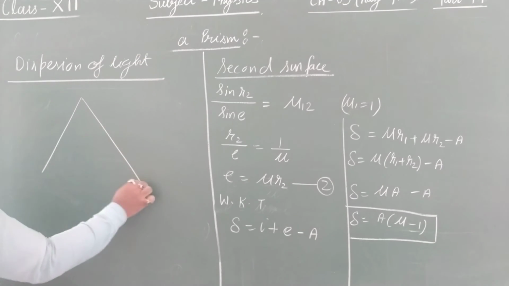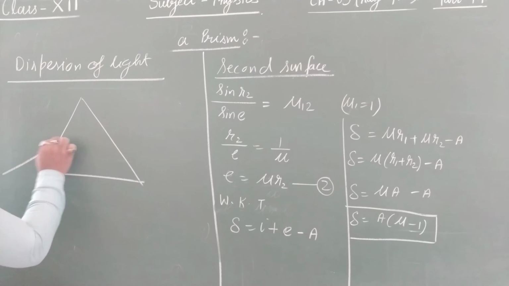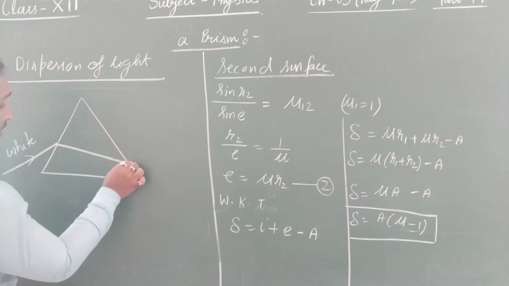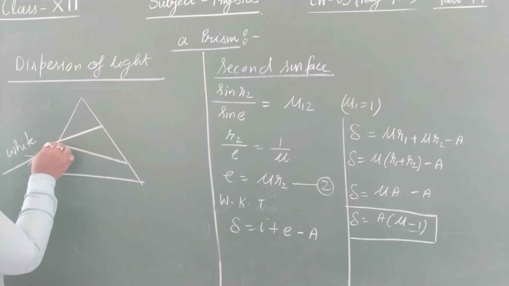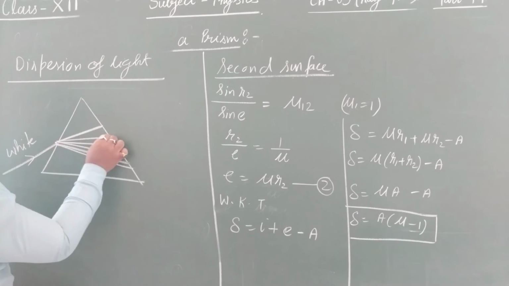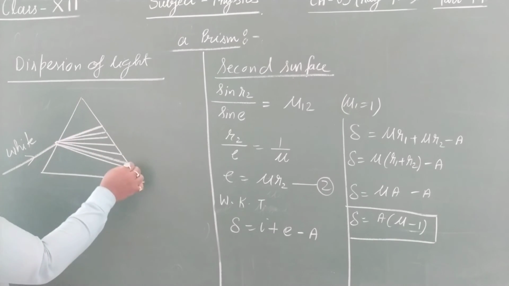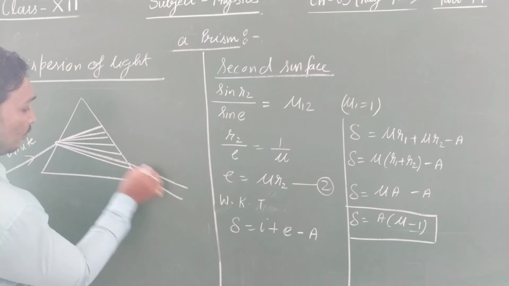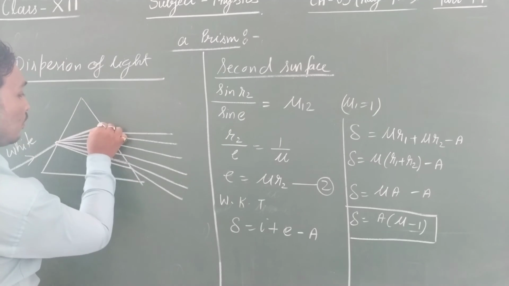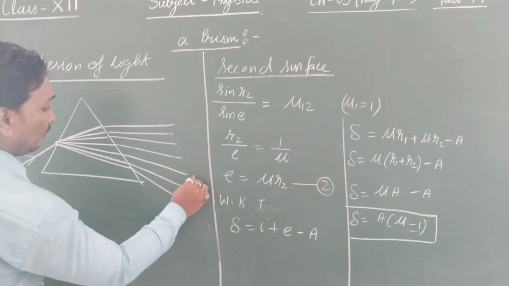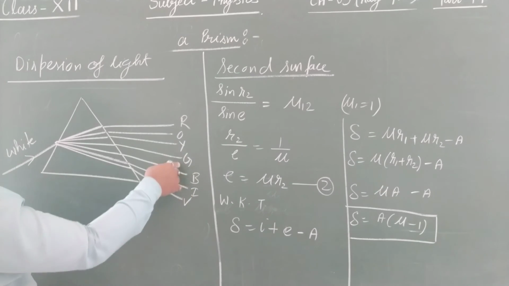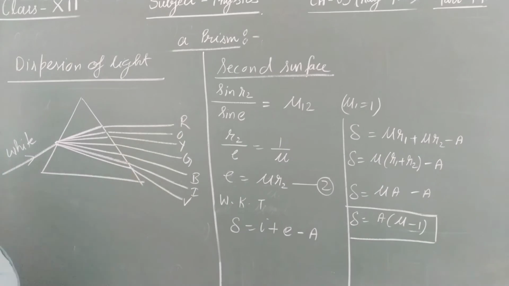If white light falls on a prism, then it splits up into 7 different colors, and these 7 colors are given by V, I, B, G, Y, O, R: violet, indigo, blue, green, yellow, orange, red.